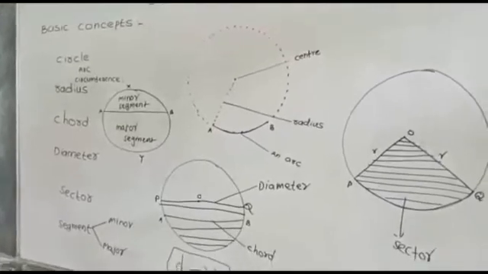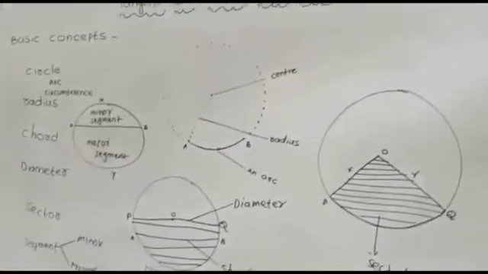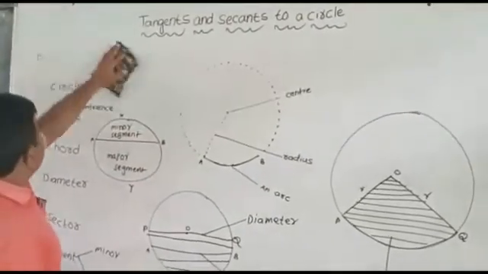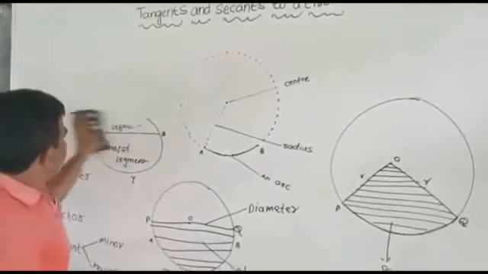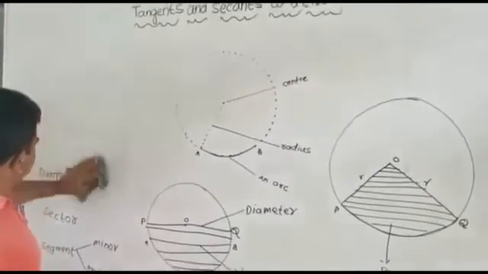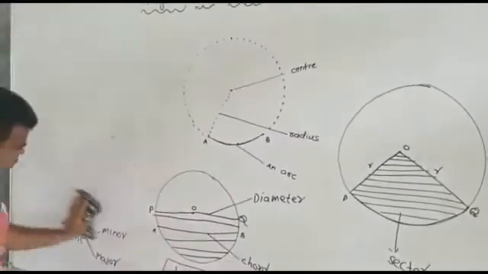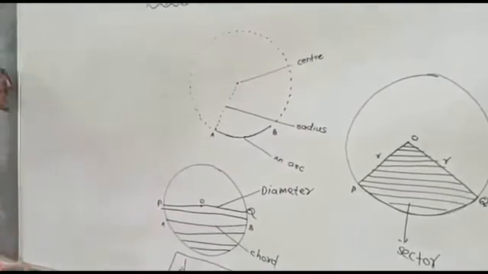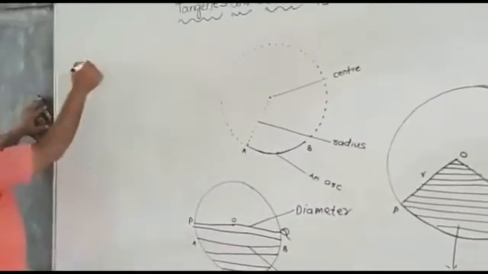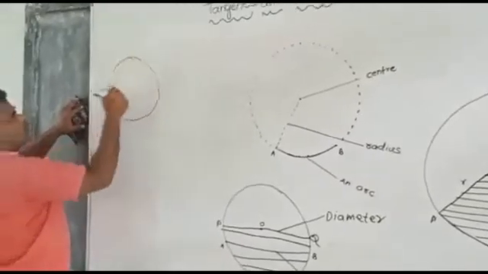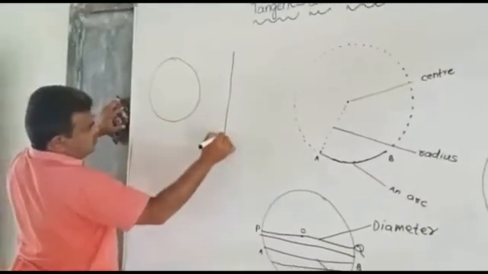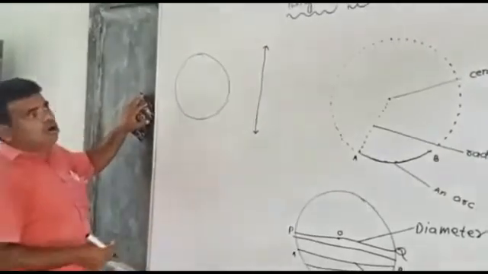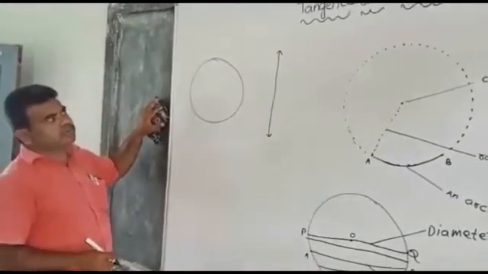Next, now we can discuss tangent and secant. A line and a circle are on a plane.